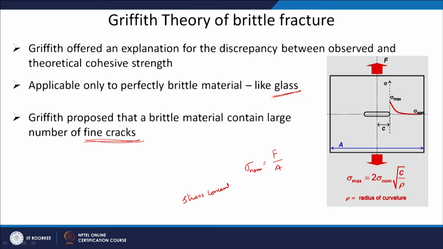concentration. So, wherever you have a sharp discontinuity like this, for the nominal stress which you are applying, locally the stress will be very high. That is why, if you remember, when I was discussing the tensile test, I said that when we prepare the tensile sample, we do not prepare it like this.